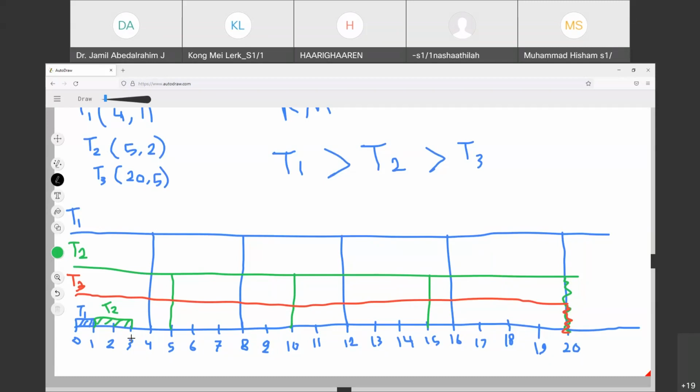We execute task 3. How many units do we need to execute of task 3? 5 units. So, red color. We execute from 3 until? Until 7, sir.